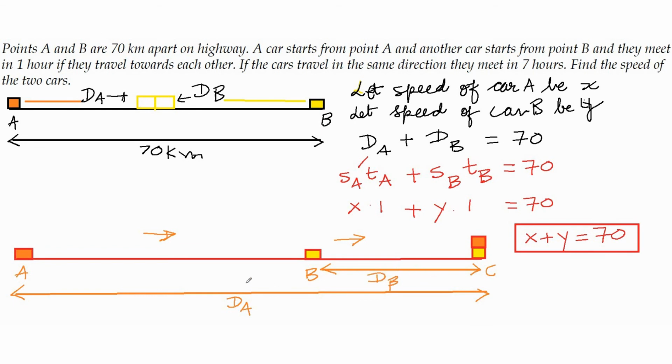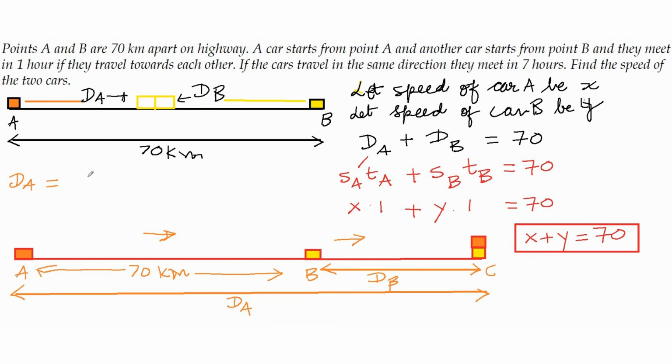So now I know that because these two cars are meeting at the point C, I can definitely say that the distance covered by car A is equal to, this complete distance is 70 kilometers. The distance between them initially is 70.